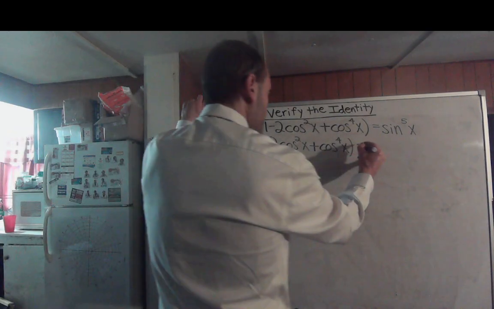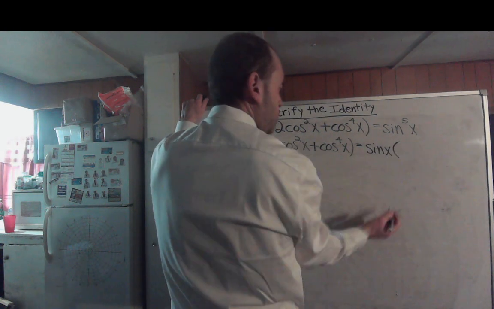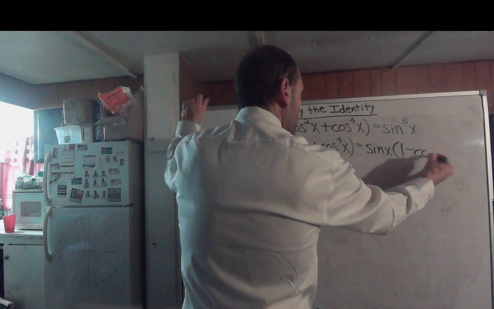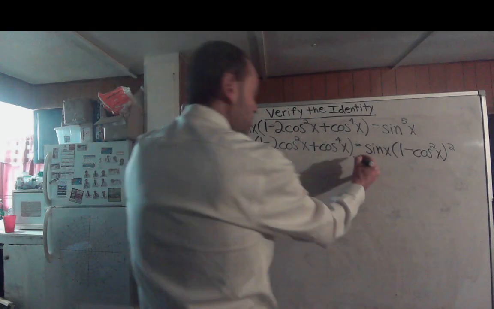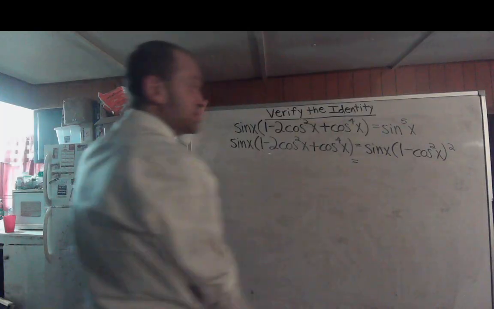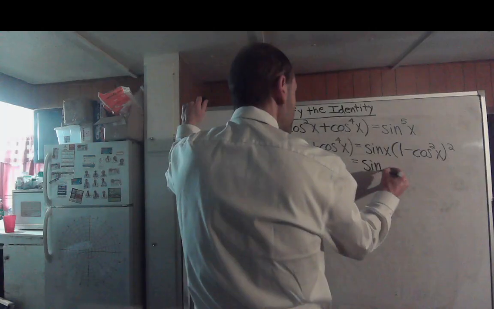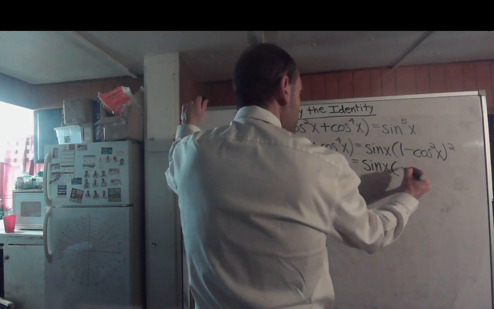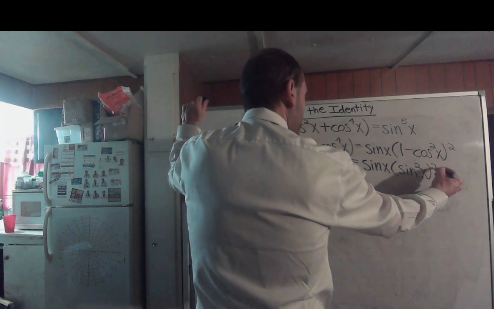So this would actually turn into the sine of x times the quantity of 1 minus cosine squared of x, quantity squared. Okay, so what's 1 minus cosine squared of x? That's sine squared of x. So this would turn into the sine of x times the sine squared of x squared.